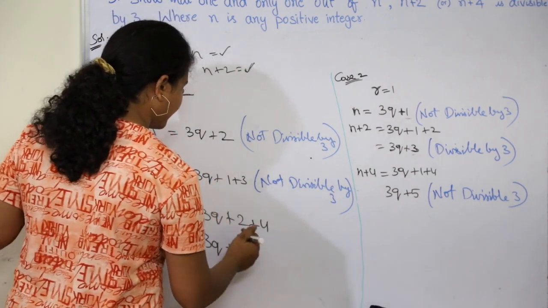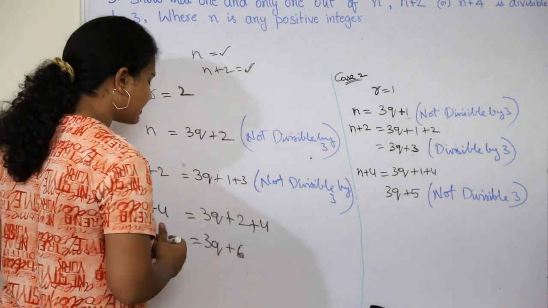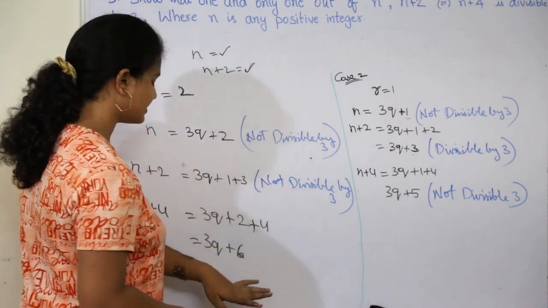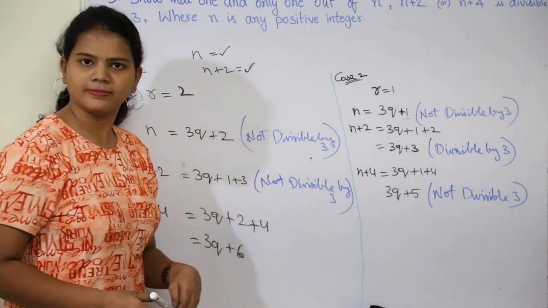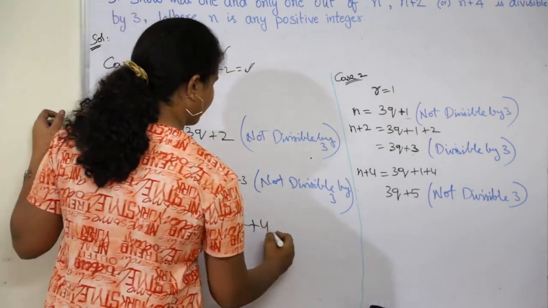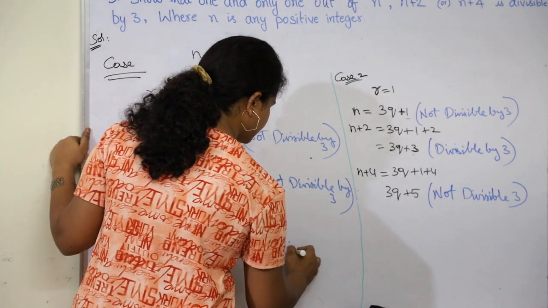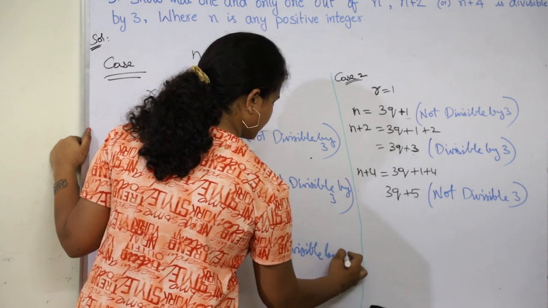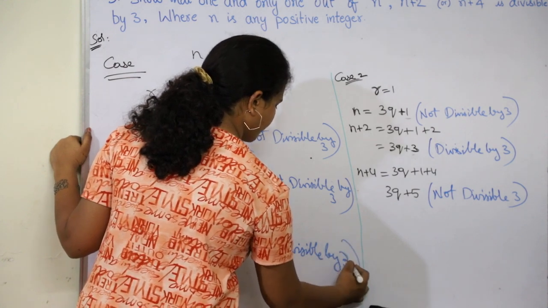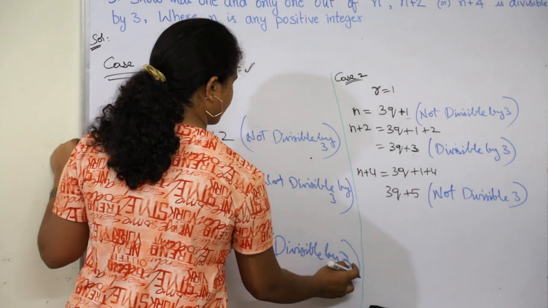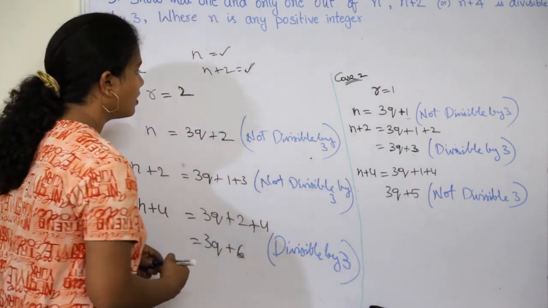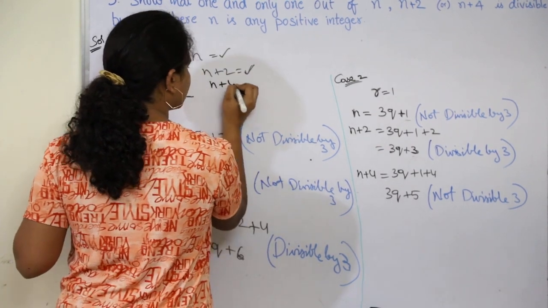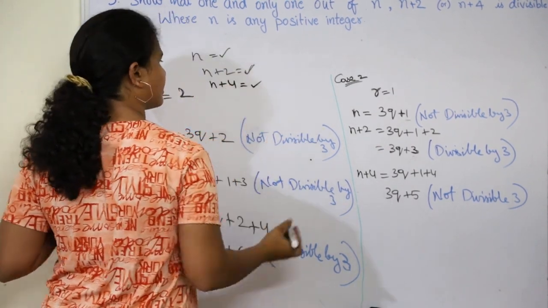Therefore n + 4 = 3q + 6 is divisible by 3. Yes, this is divisible by 3. Done. Therefore in the third case, n + 4 is divisible by 3.